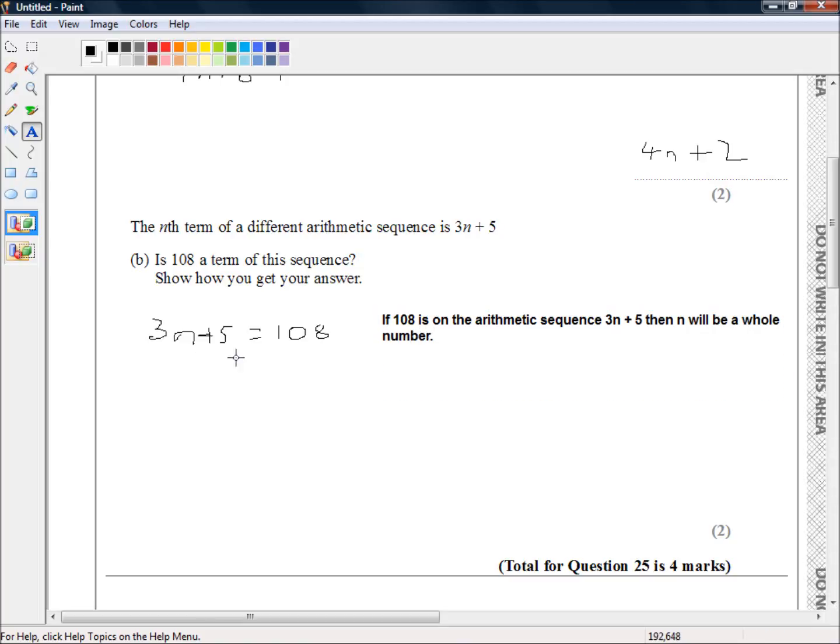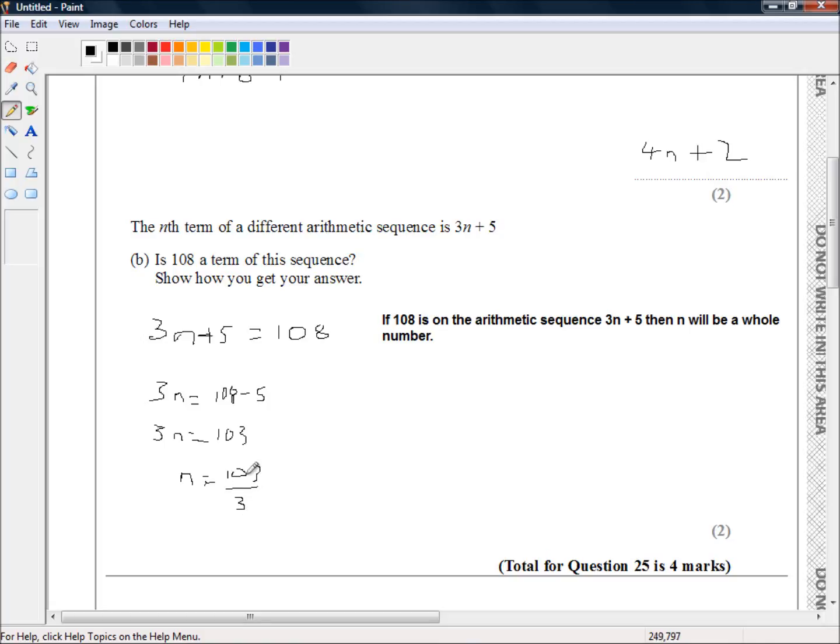So let's find out if n is a whole number by simply solving this equation. 3n is equal to, I'm taking the 5 over by subtracting 5 from both sides, 108 minus 5. So 3n is equal to 103. So n is equal to 103 divided by 3.